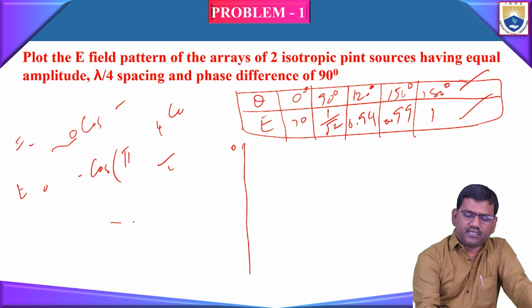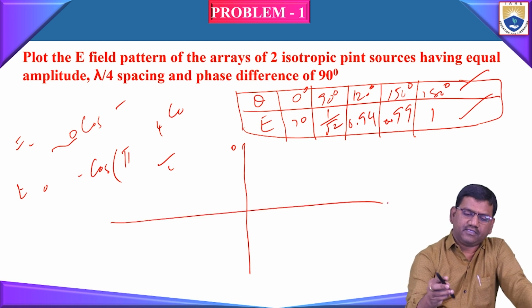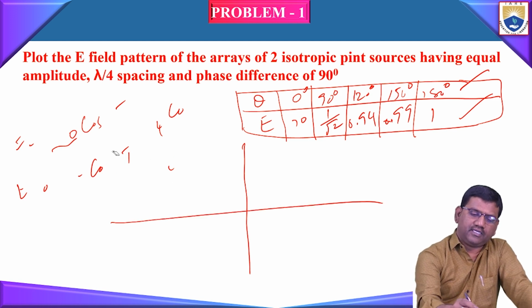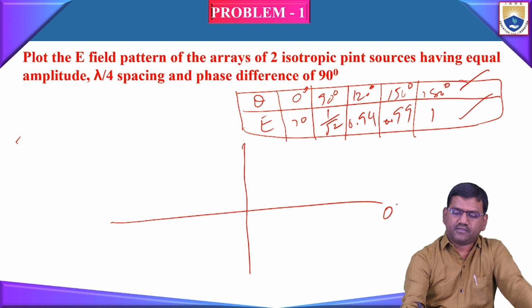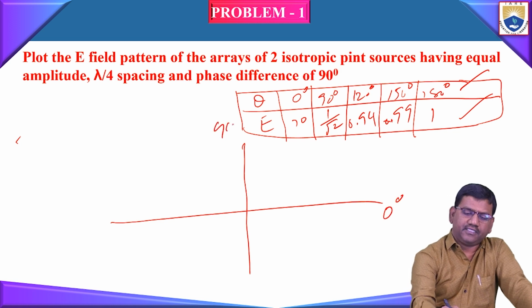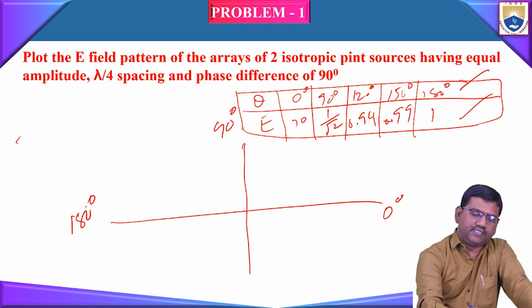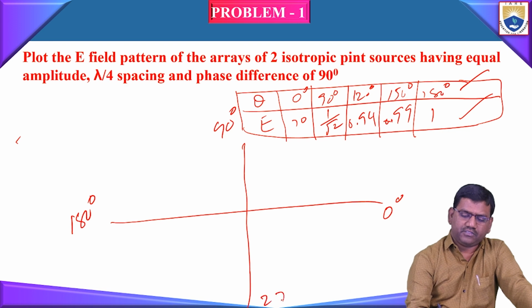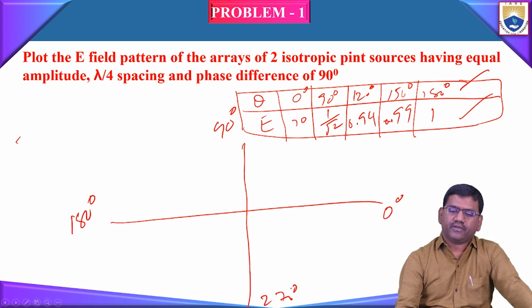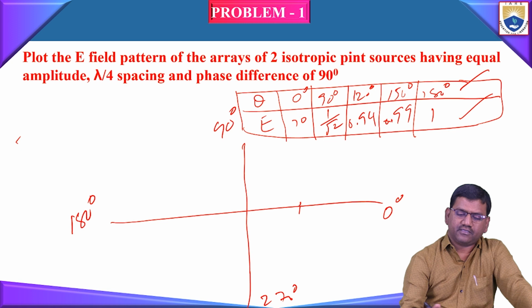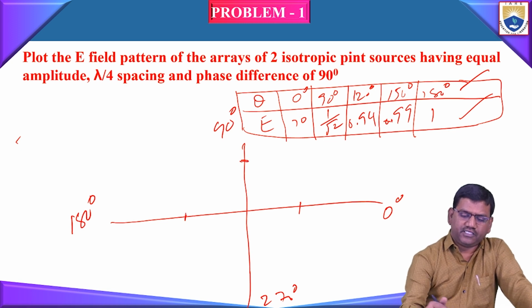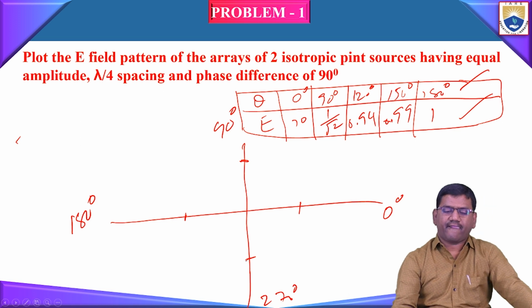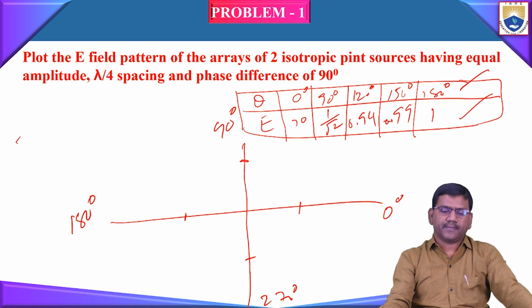This is the x-axis and this is the y-axis. Assume here as 0 degrees, this is 90 degrees, this is 180 degrees, and this is 270 degrees. Assume this as 1 unit, and this as 1 unit, and this as 1 unit, and this as 1 unit. So 1 unit means 1 centimeter.